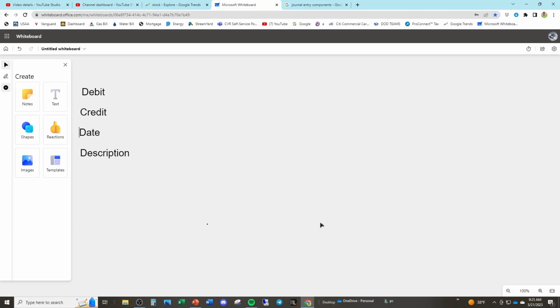Now, a journal entry is made of four simple components. We have a debit, we have a credit, we have a date, and we have a description. That's it. Now, one thing that people commonly mistake is that they think that a journal entry only has to have one debit or one credit, at least when they first start accounting.